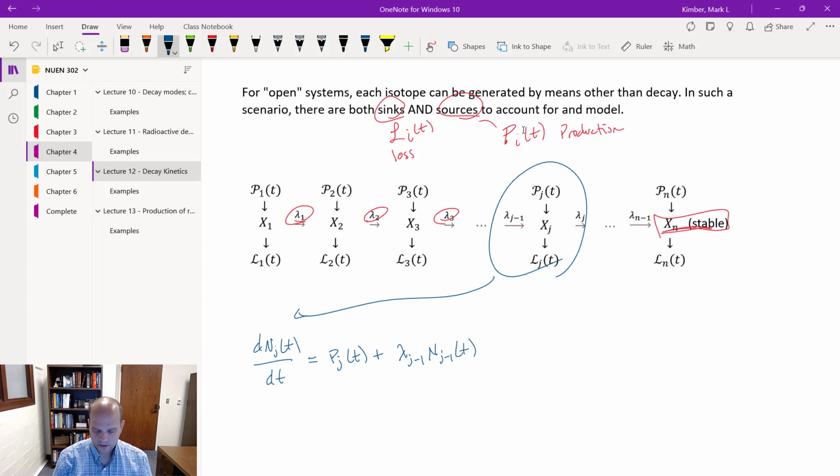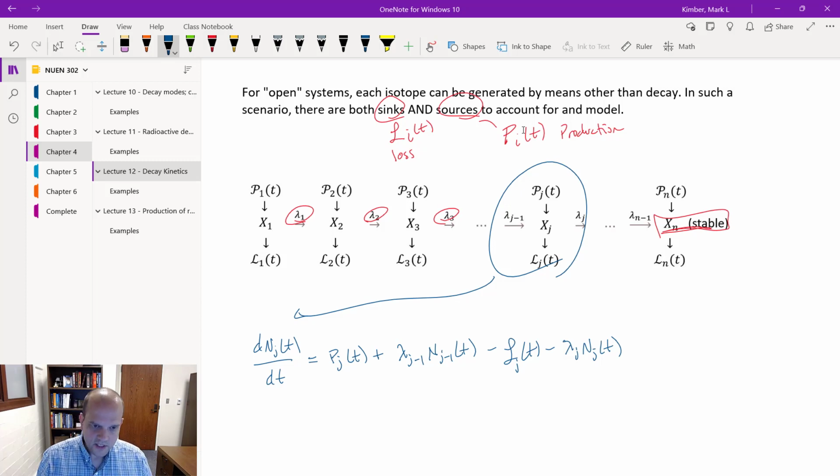And then I've got losses. So I've got my external loss. And then I also can be decaying down to the next daughter. And so this will be lambda j N j of t. And so this looks identical to what we just had, with the exception of one extra production term and one extra loss term.